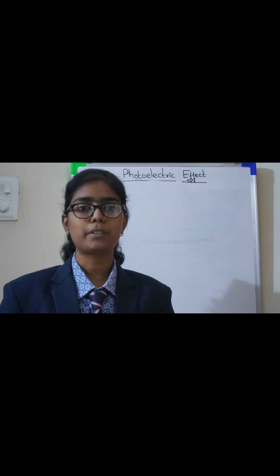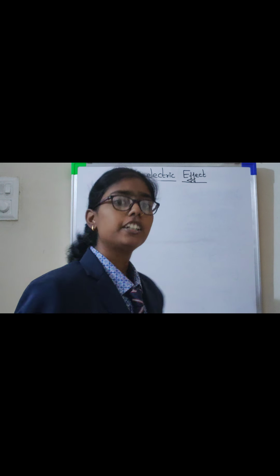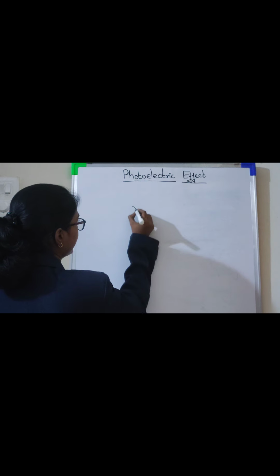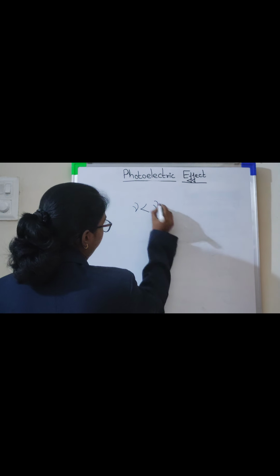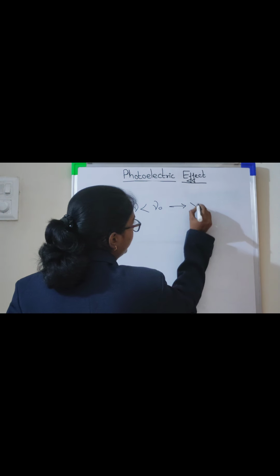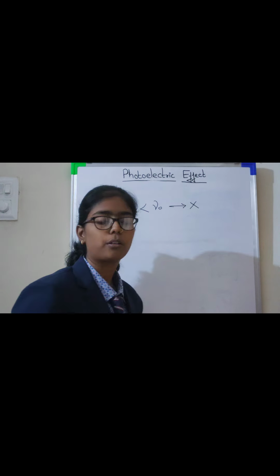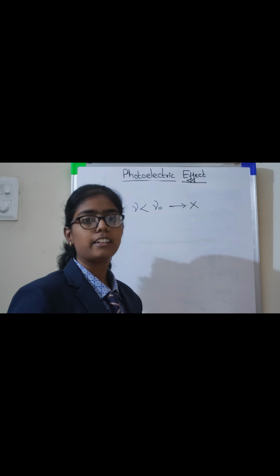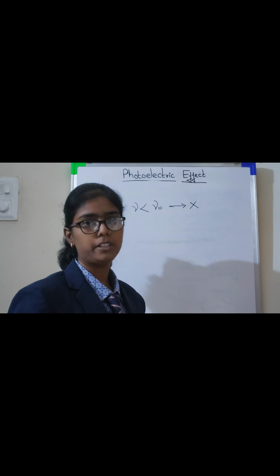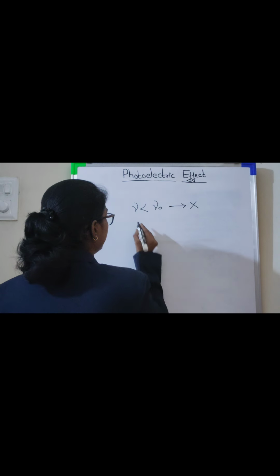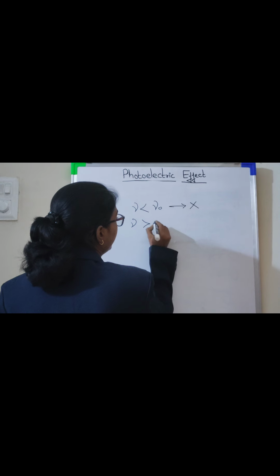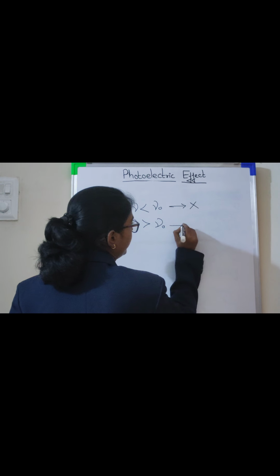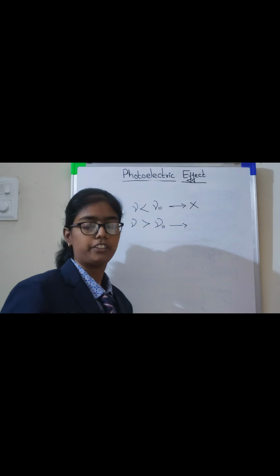Now let us summarize everything. If the frequency is less than the threshold frequency, then no electrons will be emitted from the surface of the metal, meaning no photoelectric effect will be seen. But if the frequency is greater than the threshold frequency, then we can observe the photoelectric effect.